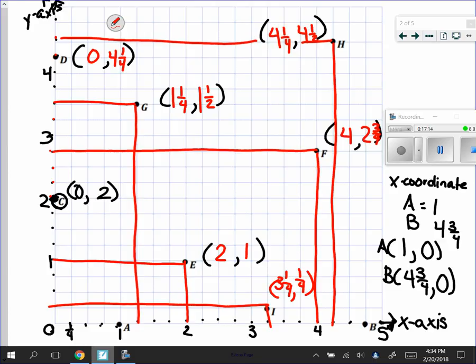Okay. So you can see that the coordinate grid is pretty simple. The main thing that messes people up is they get their x and their y coordinates reversed. They'll do the y coordinate first and then the x, and that's not correct.